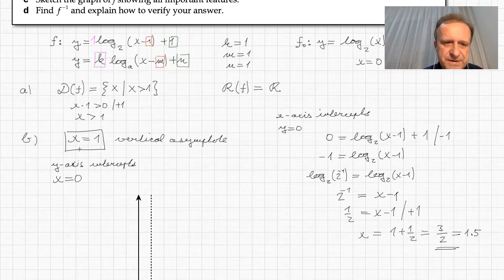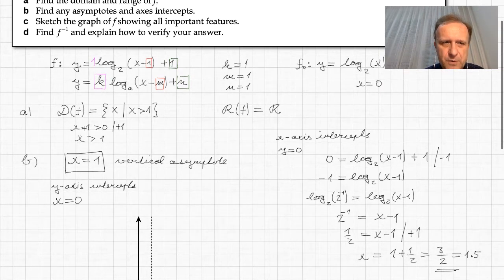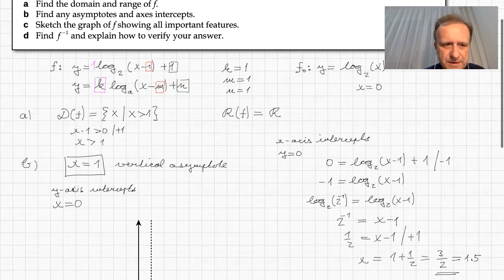But you see, since x has to be greater than 1, it can never be 0, and therefore we can conclude safely that there are no y-axis intercepts for this function, because all the points of its graph have the x-coordinate greater than 1. So this is okay. It's part B.